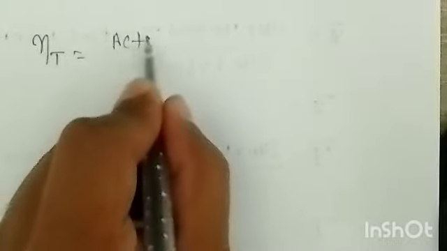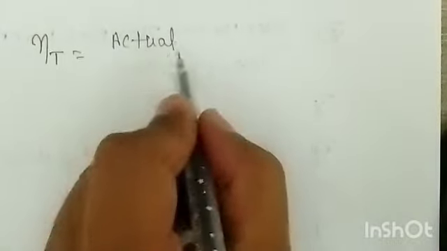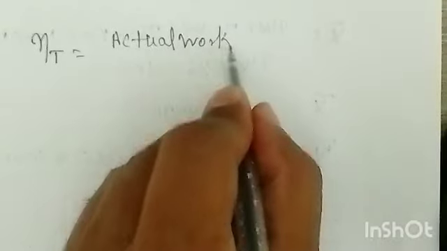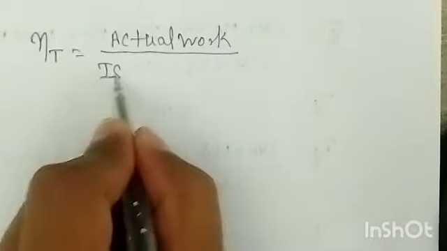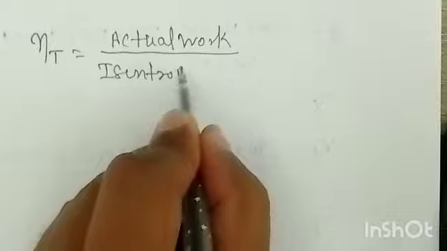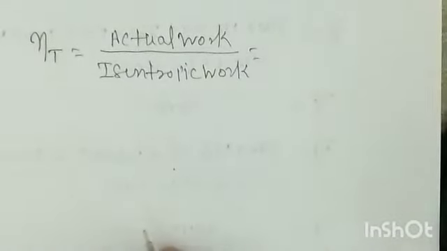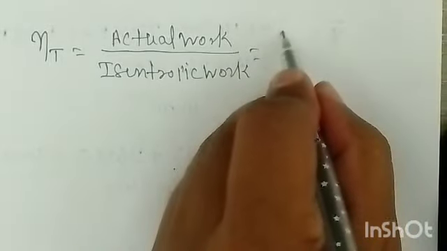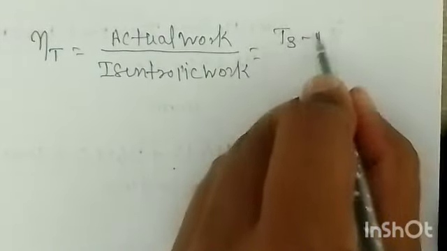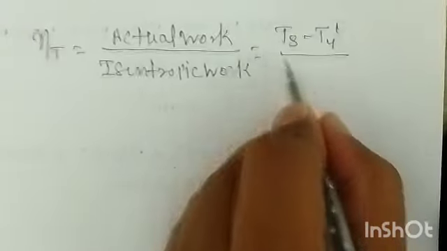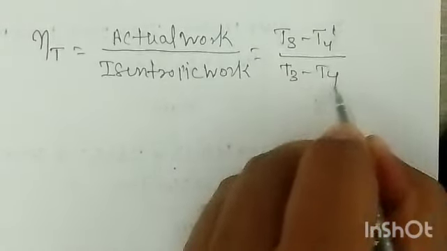So eta T is equal to actual work by isentropic work, which is (T3 minus T4 dash) by (T3 minus T4).